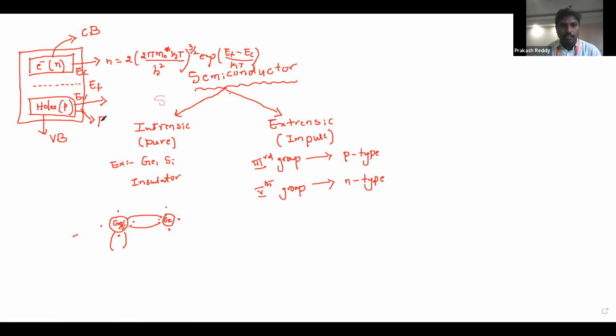We derive the equation for P, nothing but the number of holes per unit volume of the material. When we multiply these two, we get the intrinsic carrier concentration, Ni.